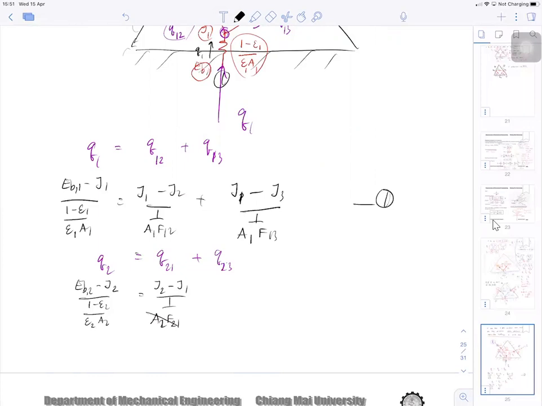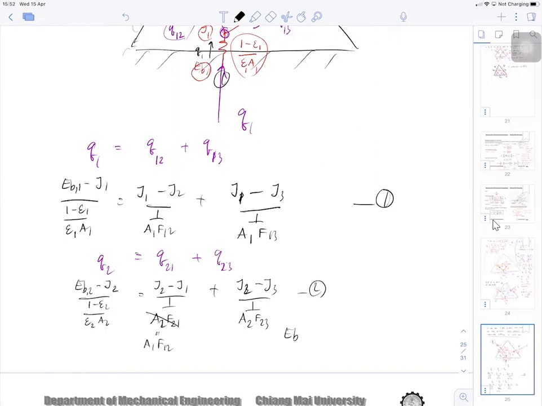Because this is going to be equal to A1 F12 anyway. Plus J2 minus J3 over 1 over A2 F23. Okay, you got yourself the second equation.